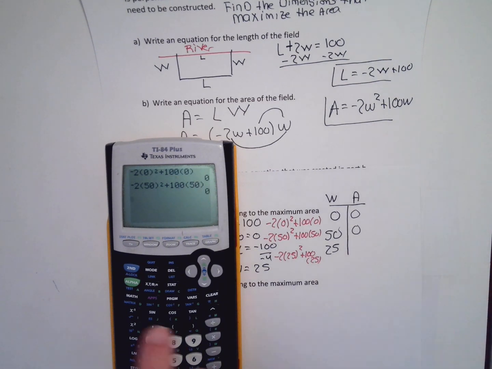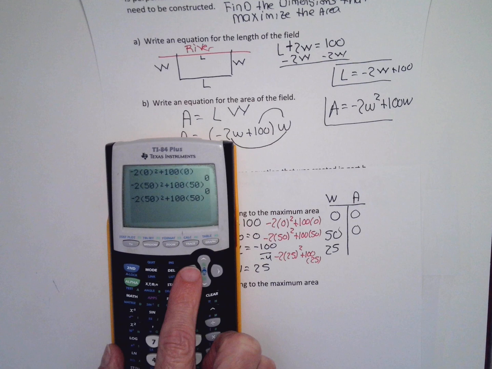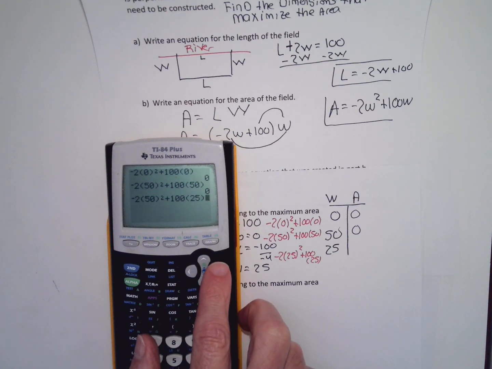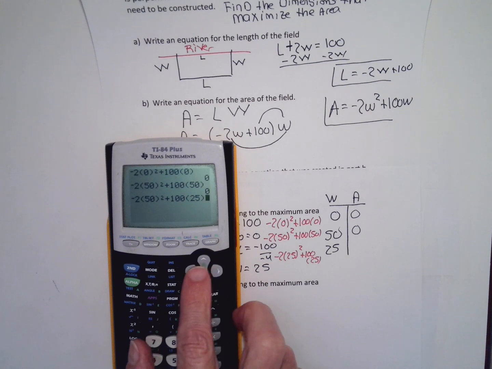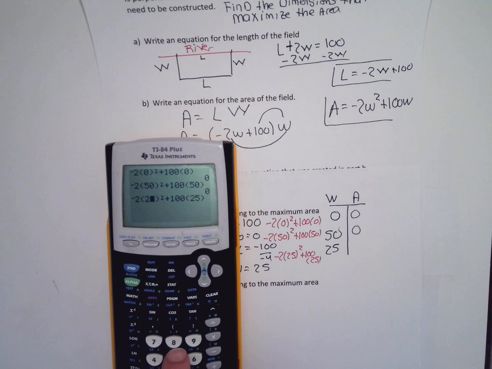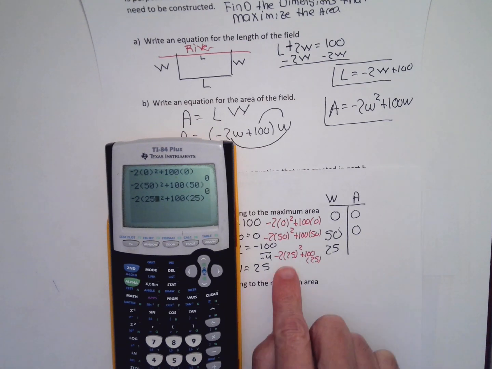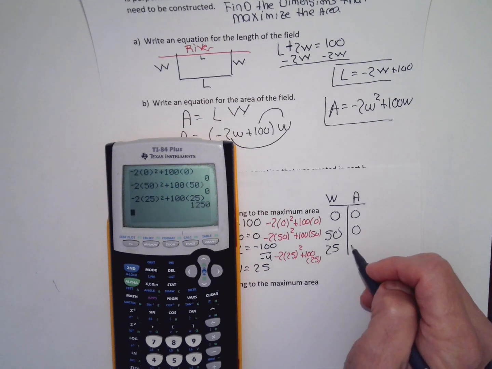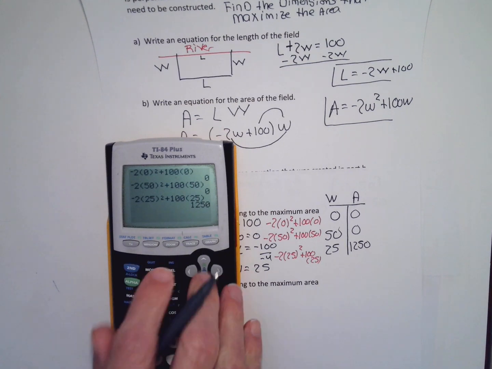Now I can go back and change the 50 to 25. So that looks like negative 2 times 25 squared plus 100 times 25. So this is the value that's the maximum point, or the absolute maximum point.